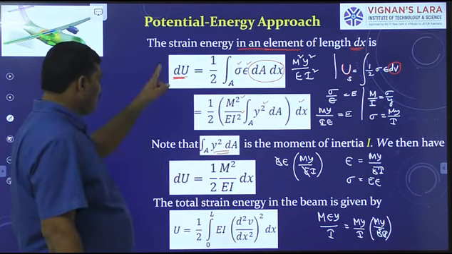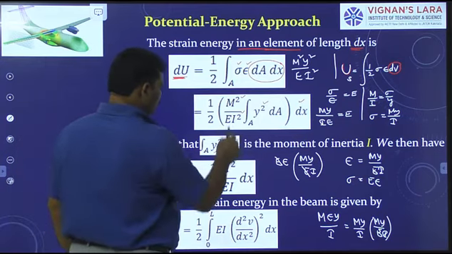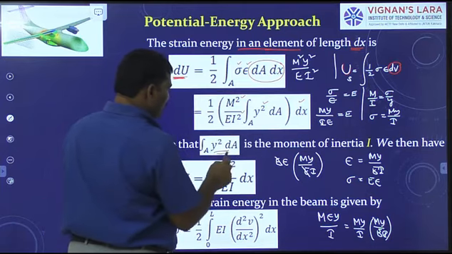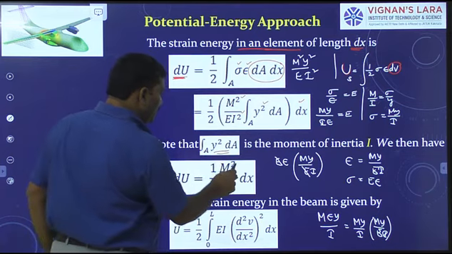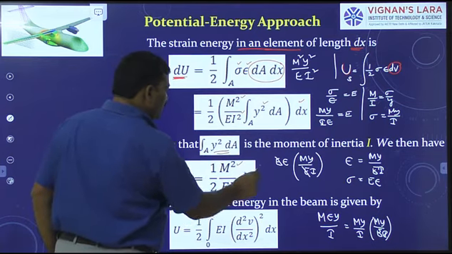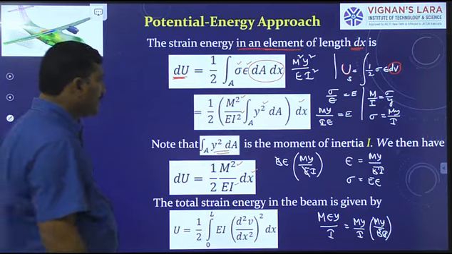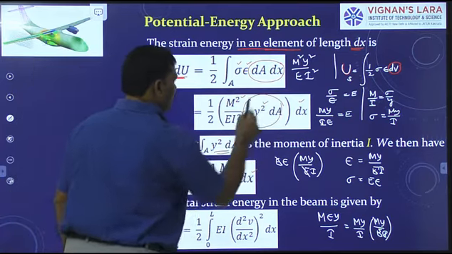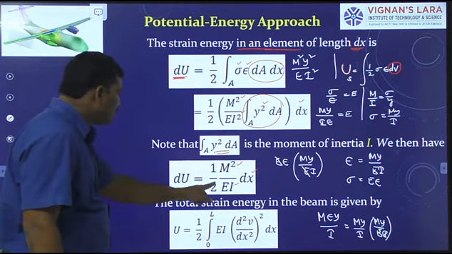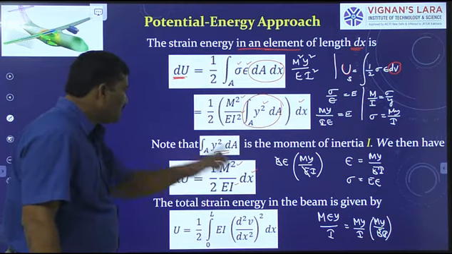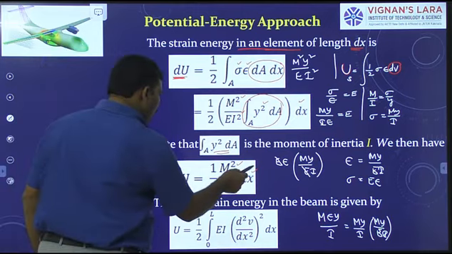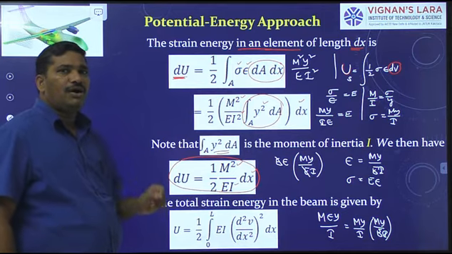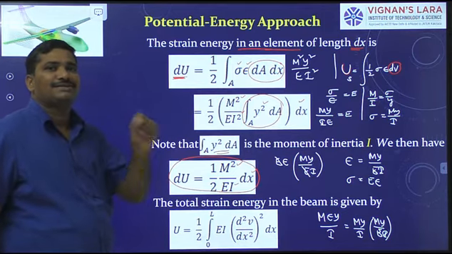Now dU equals 1 by 2 into M square by EI square into I. Then you get M square by EI into dx, because we replaced the integral of y square dA by I. Then you get 1 by 2 into M square by EI into dx. This is the expression for the strain energy stored in an element of thickness dx.